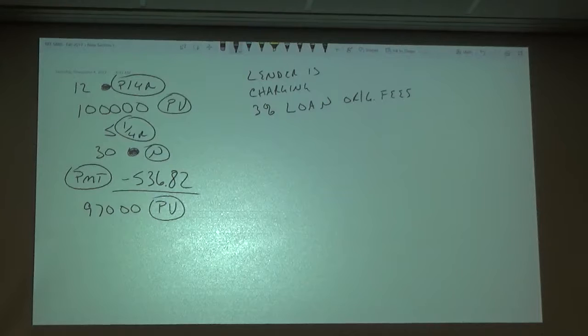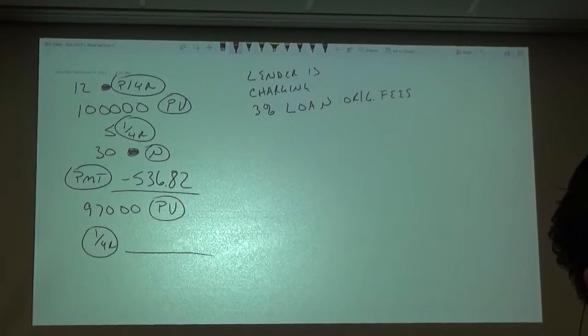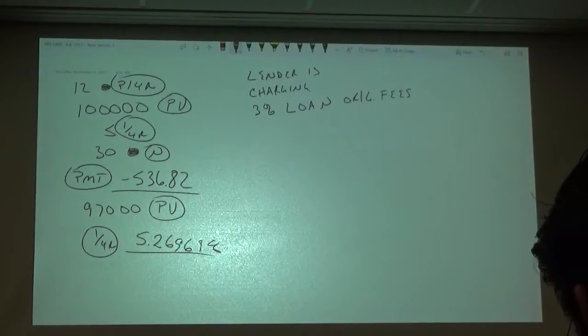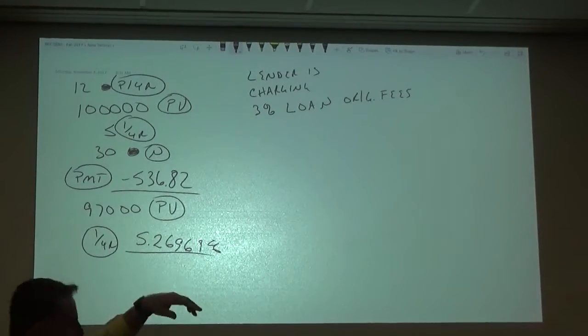So if you hold that loan for the entire 30-year term, I can just solve for what my effective cost of borrowing is on that. It's 5.26, or 5.269, actually just keep going. Anyway, okay, so basically 5.27%.